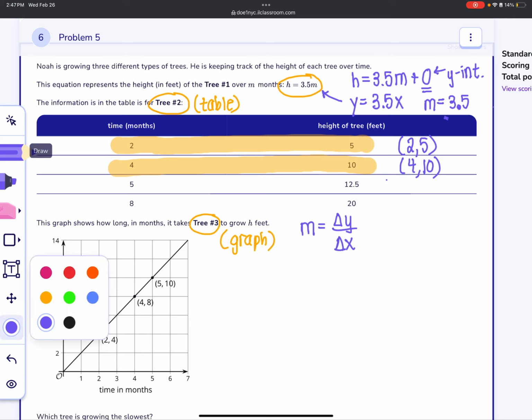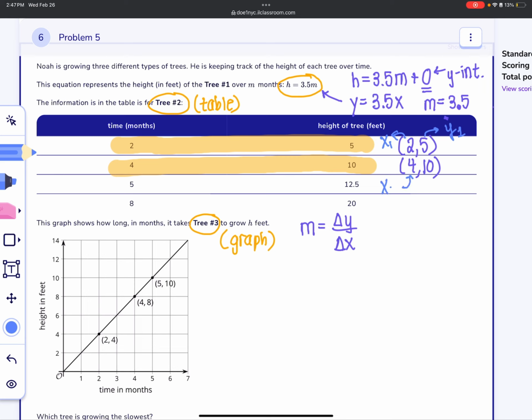I'm going to label it with a different color so you can see: x1 is going to be my 2 over here, and the 5 is going to be my y1, and then my 4 is going to be my x2, and my 10 is going to be my y2.